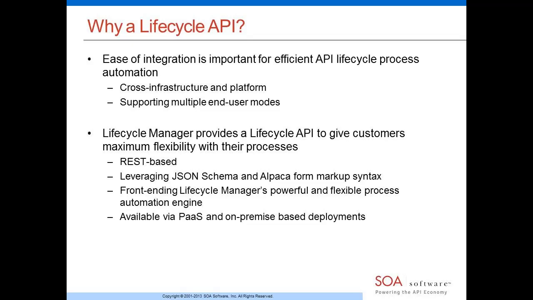You want to be able to support cross-infrastructure, cross-platform, multiple end-user modes, etc., so that you can rapidly wire these sorts of capabilities into your world at large and not be forced down a specific path that perhaps a stack vendor says is the way to go, the only way you can go.